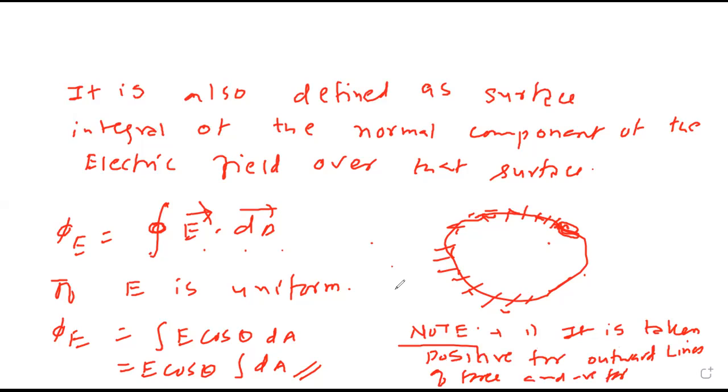That means if it is inward, then negative; outward, then positive. Entering the surface, inward are taken negative and outward are taken positive. Field lines, yes, field lines.